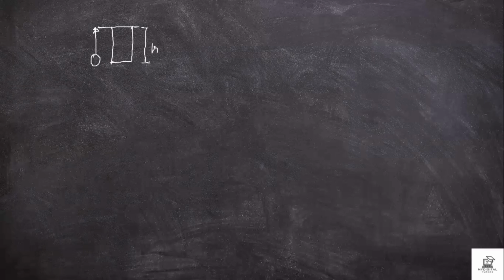Assuming this is a tall building and this object is thrown upward, on getting to its maximum height, its final velocity V is equal to 0.